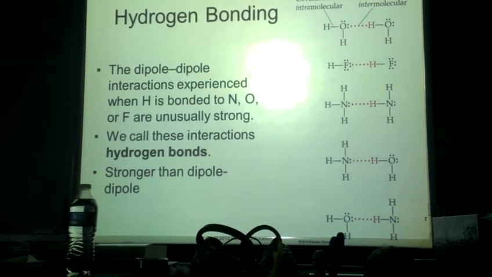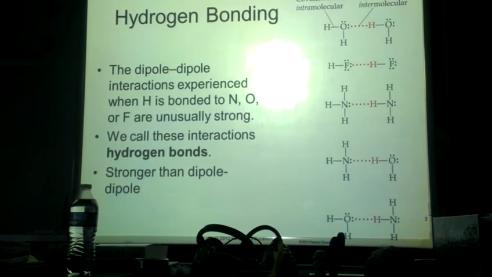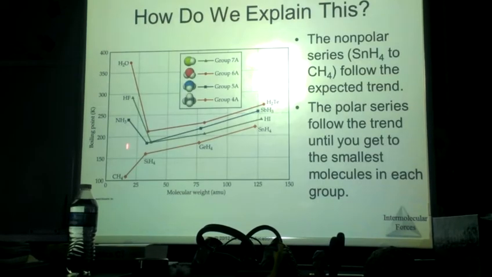So one thing I want to point out is that when hydrogen bonding occurs, nitrogen, oxygen, and fluorine are all right next to one another, so I don't necessarily know why hydrogen acts this way with this really strong intermolecular force with these 3.